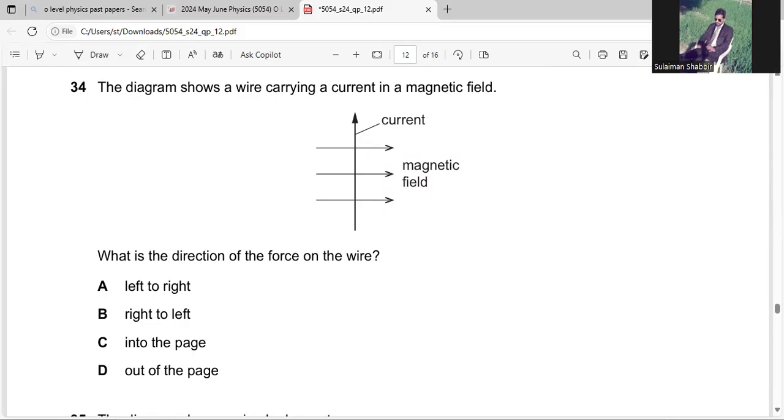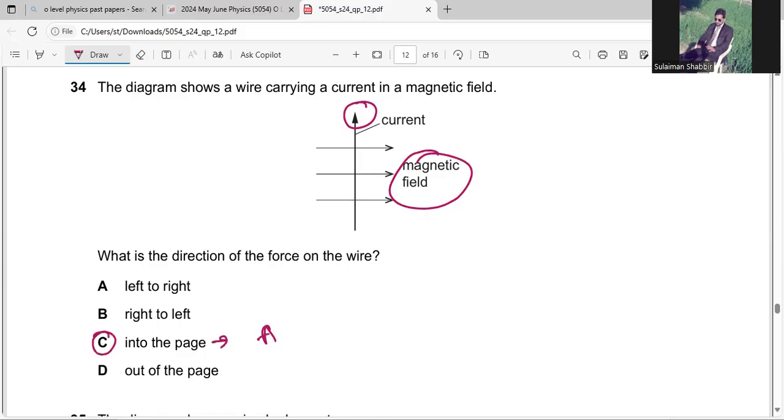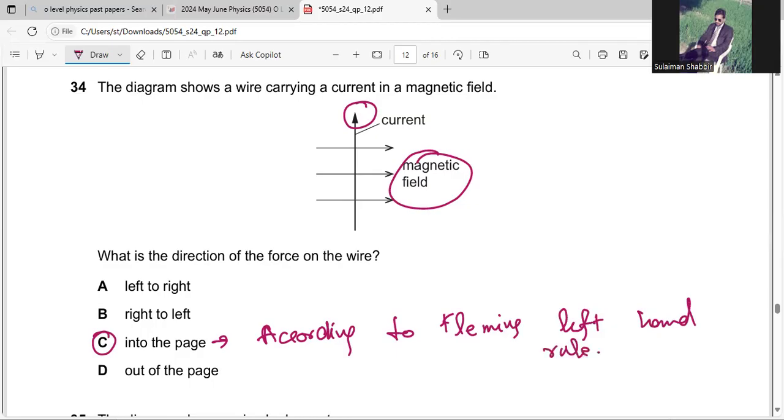So if I take the motor effect, the direction is upward, and it should be into the page according to Fleming's left hand rule. Okay.